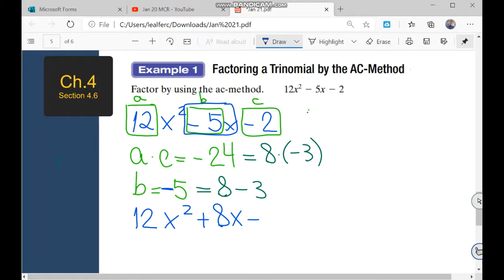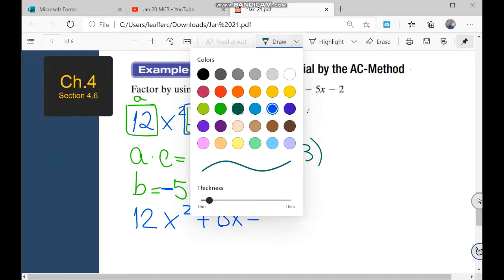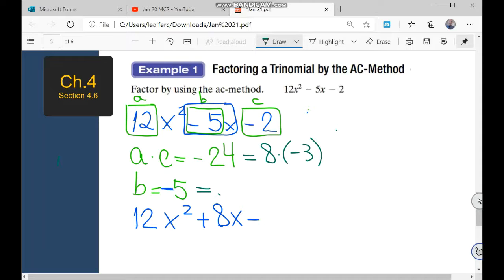So it's going to be the other way around. Let me fix here. It's 3 minus 8 to be negative 5. And here is negative 8 times 3. Sorry about that. So negative 8 times 3.